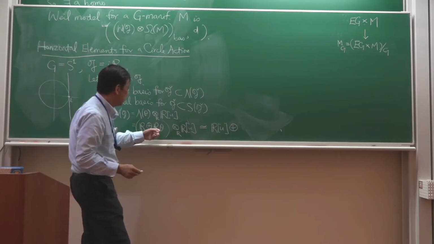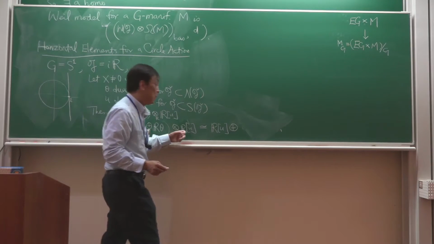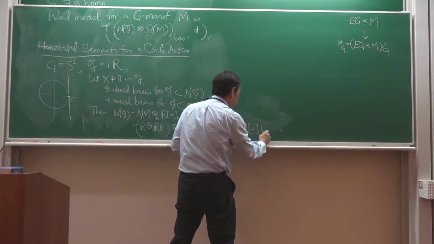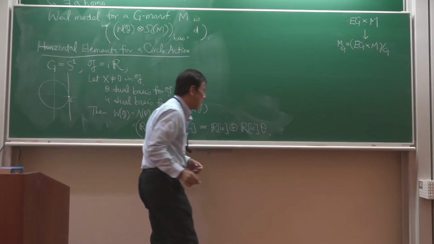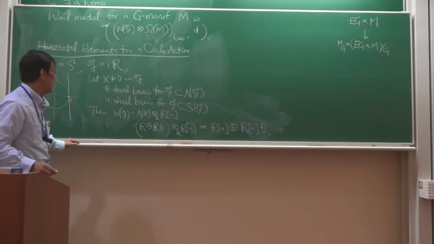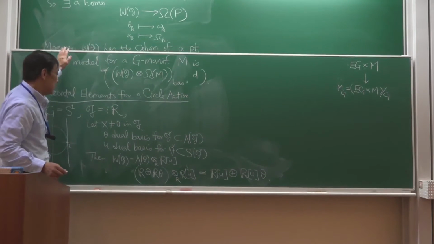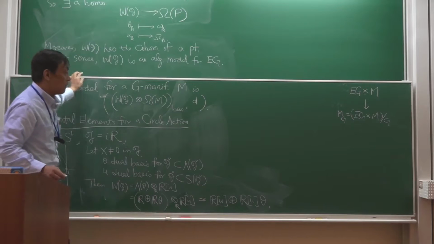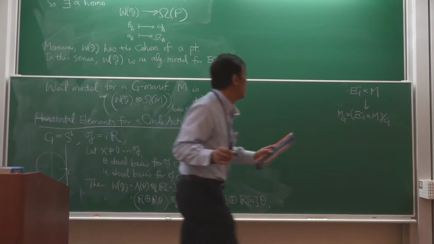Okay? This is R again. So you get another R of u with basis element theta. Okay, so that's the Weil algebra.